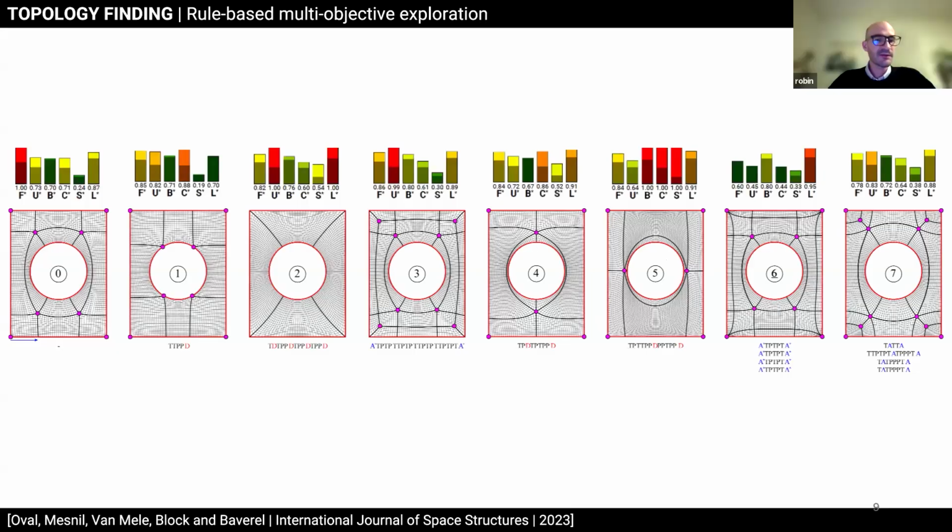So here you can see a different set of metrics, so objectives. As I said, structural design is a multi-objective task or challenge. And so the first ones are about mechanics, so maximum deflection of a structure, the stresses in it, the buckling or the stability of it.